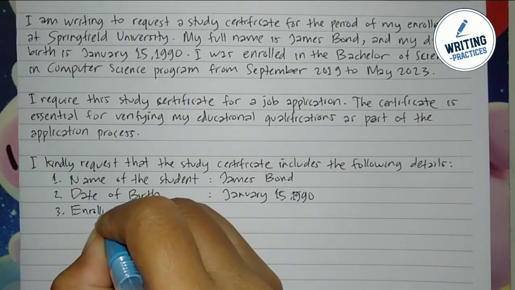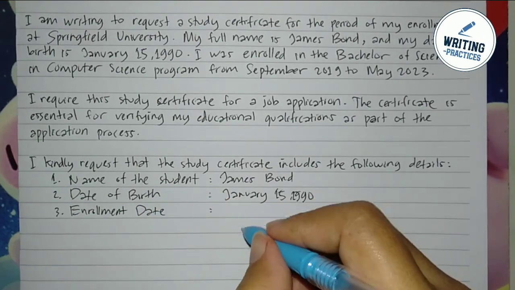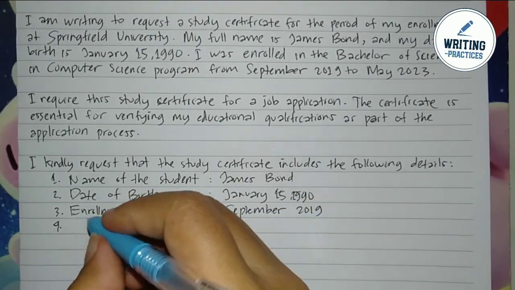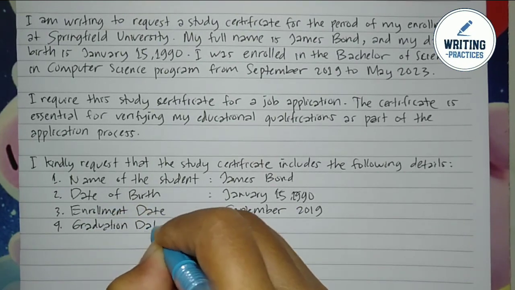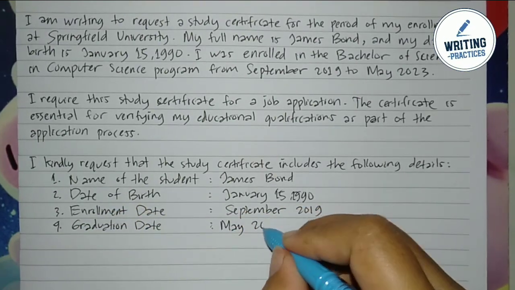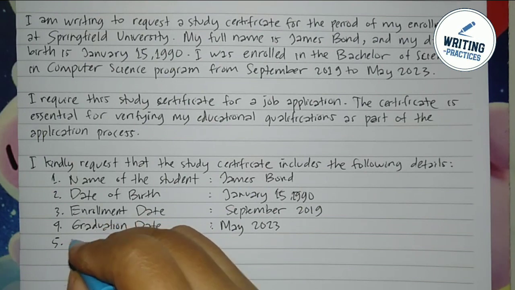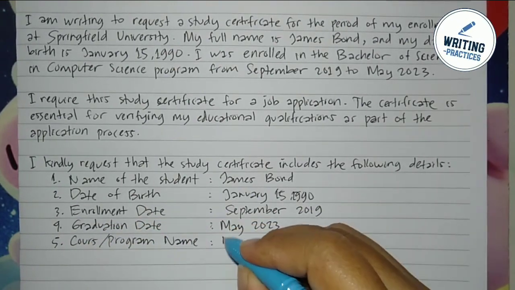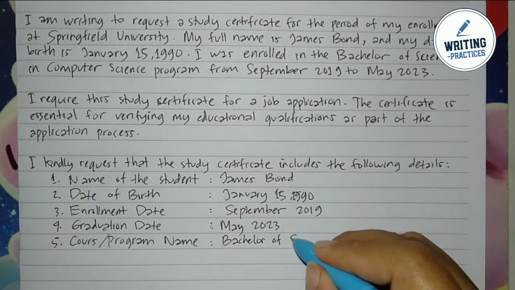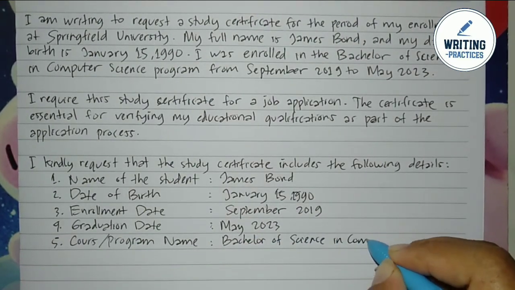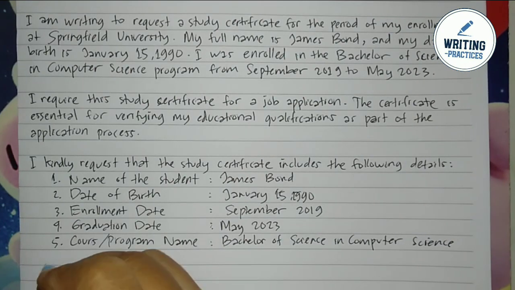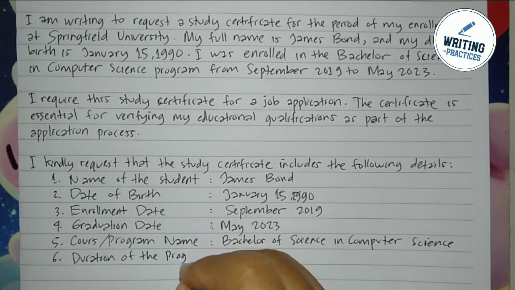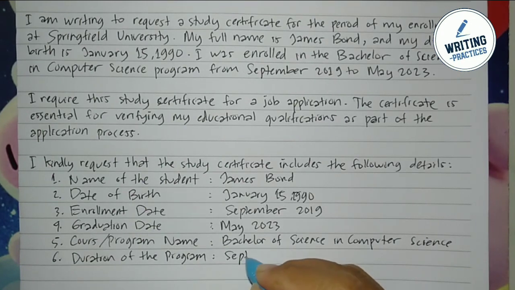Name of the student, James Bond. Date of birth, January 15, 1990. Enrollment date, September 2019. Graduation date, May 2023. Course or program name, Bachelor of Science in Computer Science. Duration of the course or program, September 2019 to May 2023."